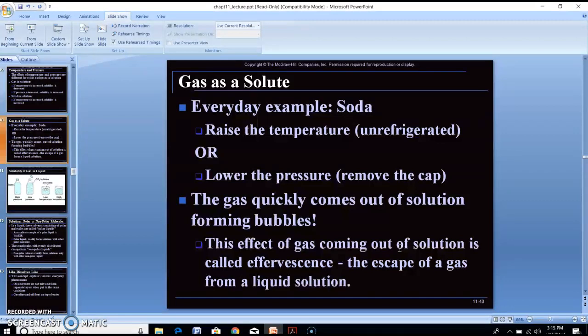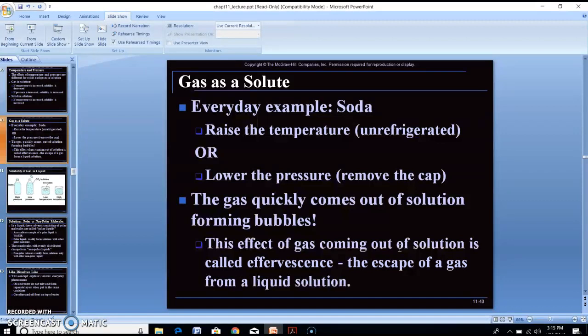Once its temperature is a little bit raised, the carbon dioxide which was dissolved in that solution tries to come out in bubbles. That's where everything forms bubbles and just pops out, because it is no longer dissolved in the solution.